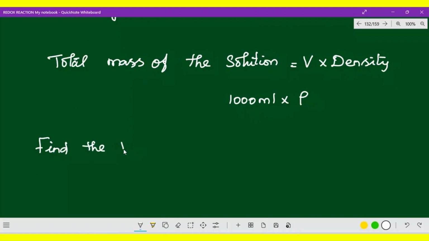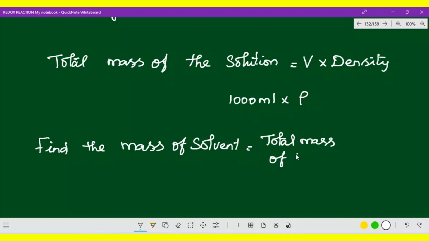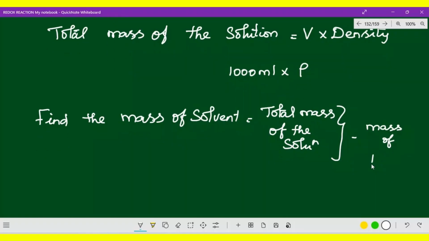These are all the concepts I'm giving you. Find the mass of the solvent: total mass of the solution minus mass of the solute.